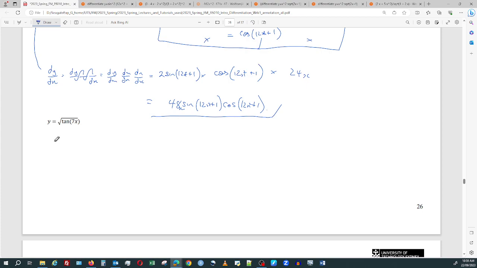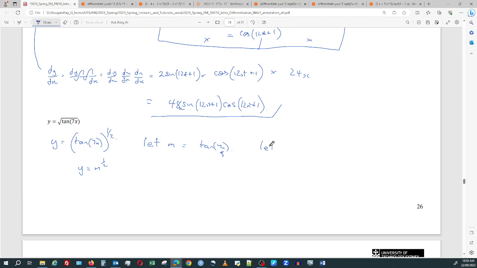Simple little transposition. So rewrite, because there's going to be tan 7x to the power of a half. So we have to do the same thing again. We have to let m equal everything, tan 7x. Y will then be in terms of m, but this is a chain rule.